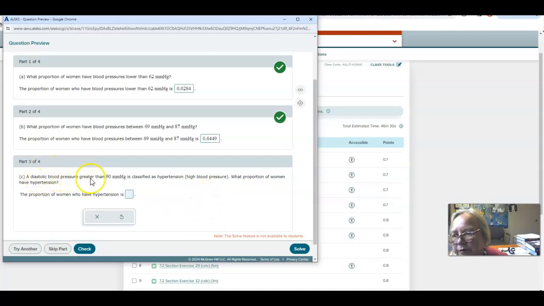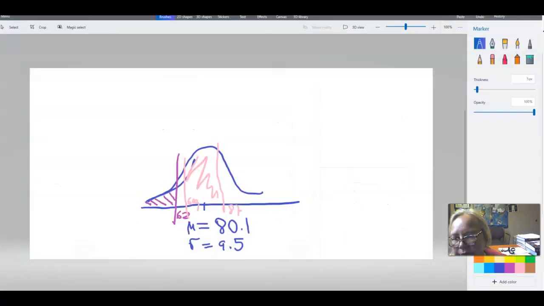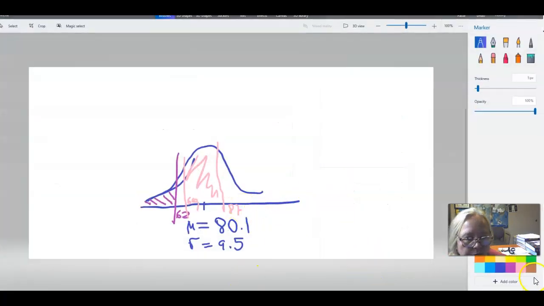A diastolic blood pressure greater than 90 is classified as hypertension, high blood pressure. What proportion of women have hypertension? Now that's greater. So if we look at the picture, we need to calculate the area from 90 and greater. Greater is to the right-hand side, so the area under the curve here.